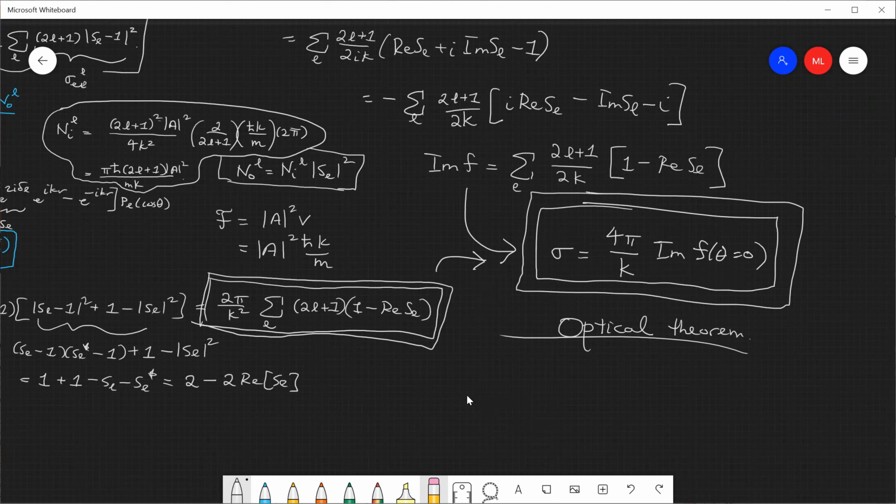We could probably have a whole class based on quantum mechanical scattering. In fact, there's nice books about it. There's a book by Taylor. I think if you just Google Taylor and quantum mechanical scattering, you'll see that there's entire textbooks devoted to careful analysis of the analytic properties of these solutions.